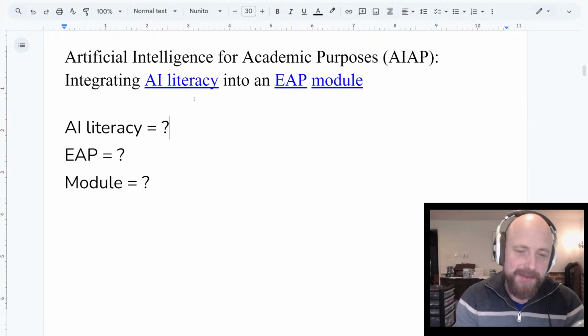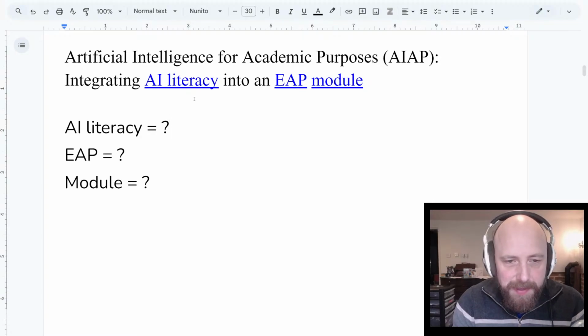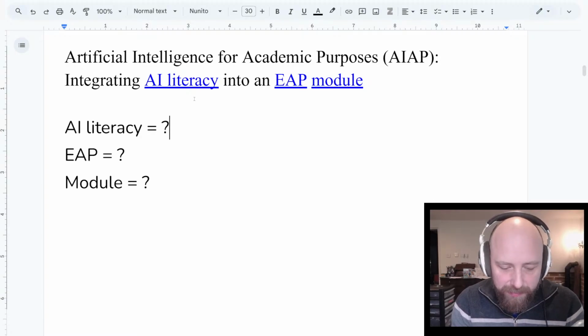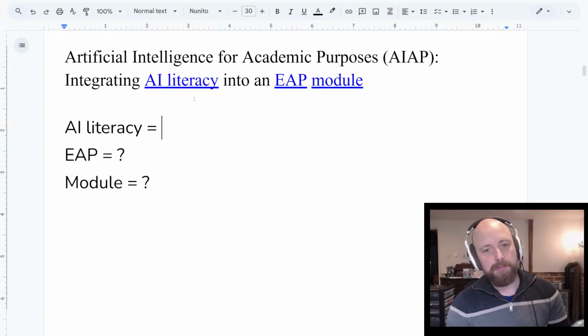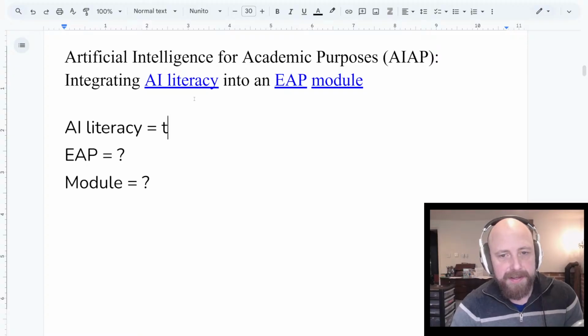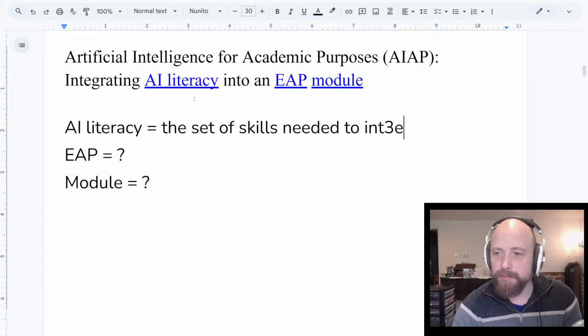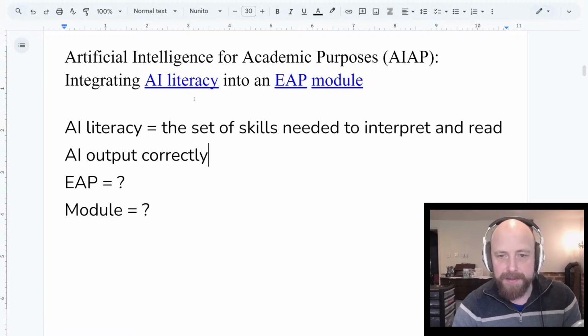So when we say literacy, literacy is a type of skill. It's basically a type of receptive skill of how you interpret and read and understand something. So broadly speaking, AI literacy is something like the set of skills needed to interpret and read AI output correctly.